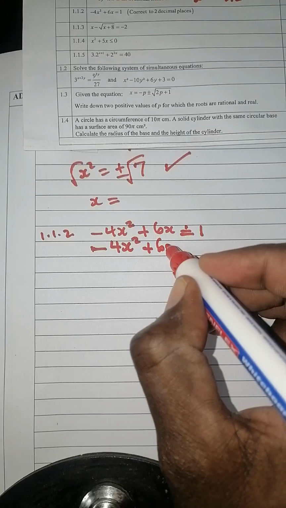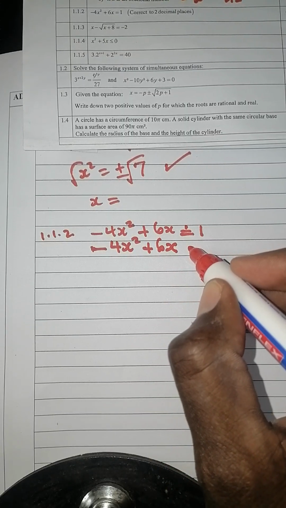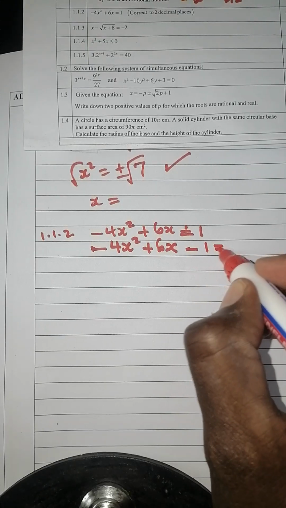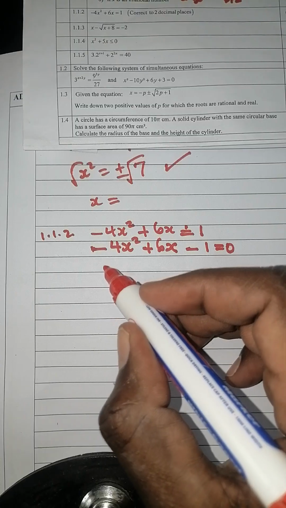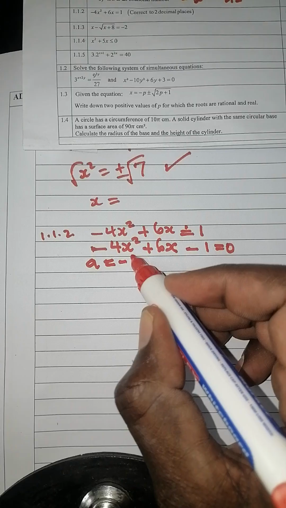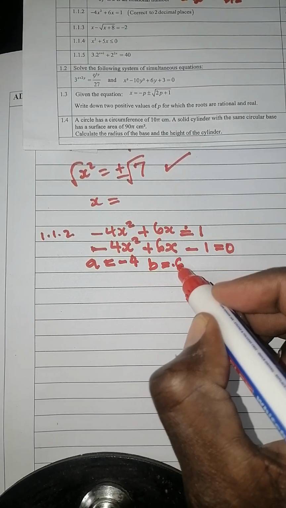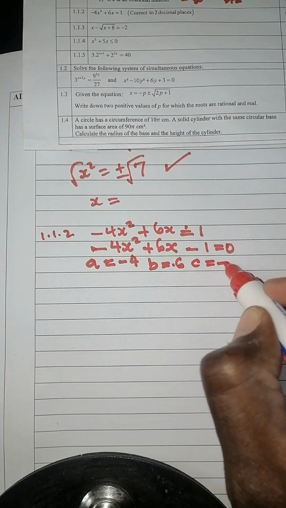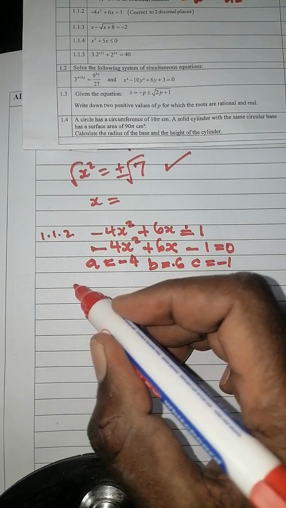The positive 1 going beyond the equal sign to the left hand side is going to be minus 1 equals 0. Then you say a is equal to negative 4, b is equal to 6, and c is equal to negative 1. Then use the quadratic formula, ladies and gentlemen. This is given in the formula sheet.